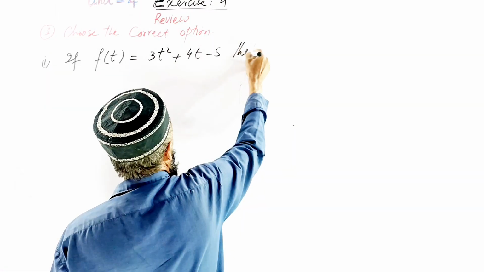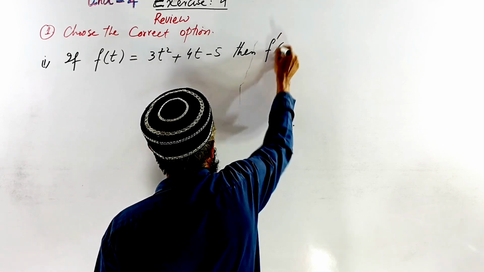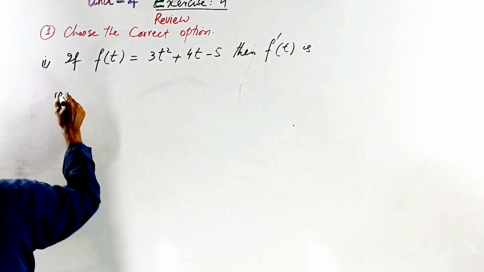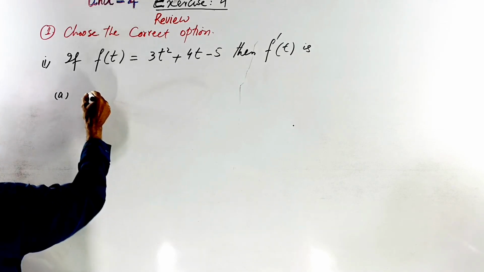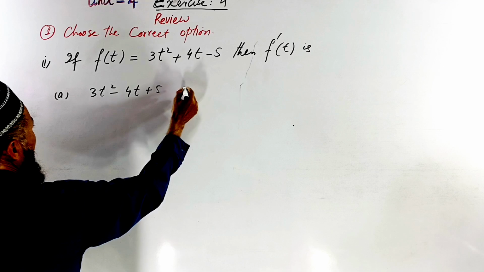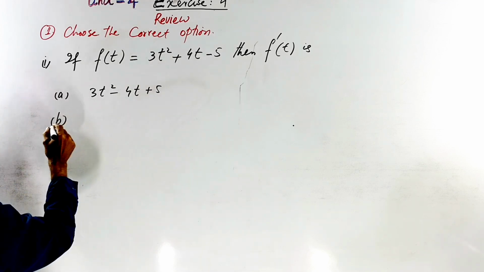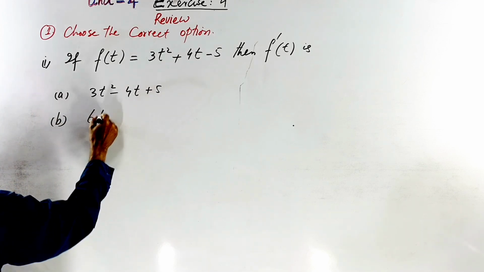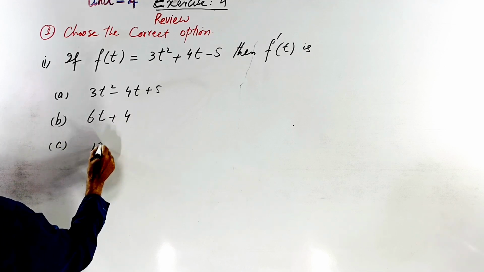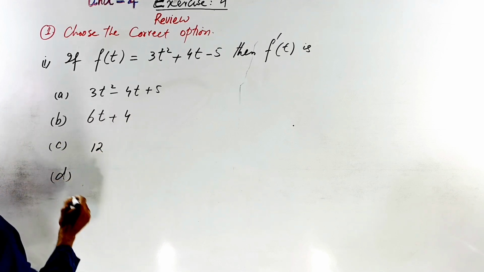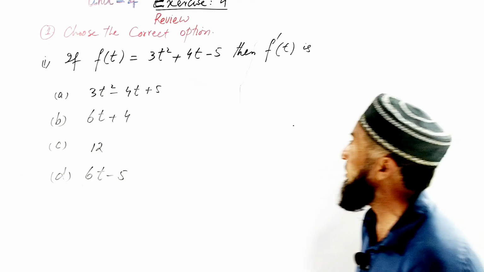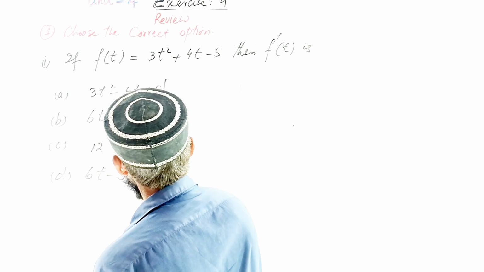Then f dash t is equal to: option A, 3t square minus 4t plus 5; option B, 6t plus 4; C is equal to 12; and D is equal to 60 minus 5. And we are differentiating with respect to t.